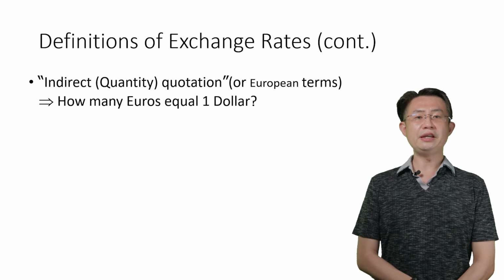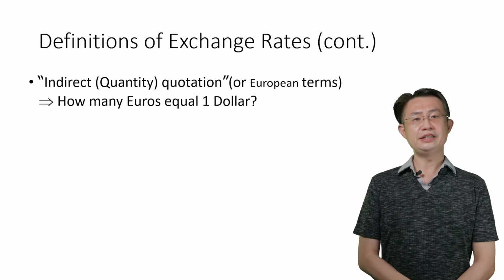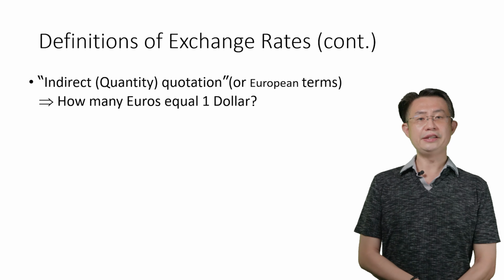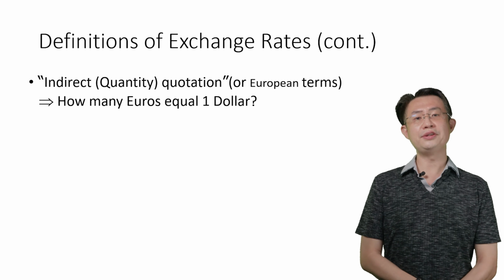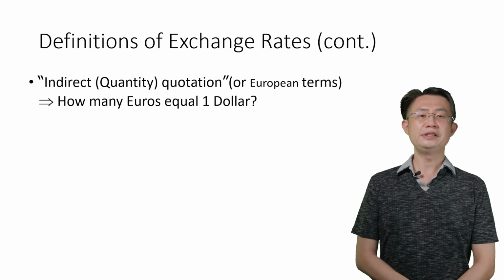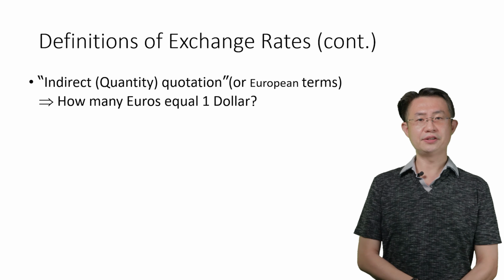So here, pretend we are Americans, okay? And the domestic country is the US, and the foreign country is the Eurozone countries. Now, we want to measure the price of the exchange rate, okay?